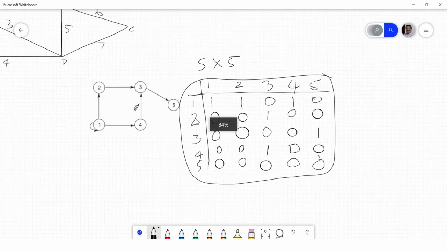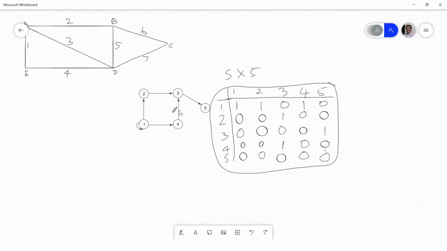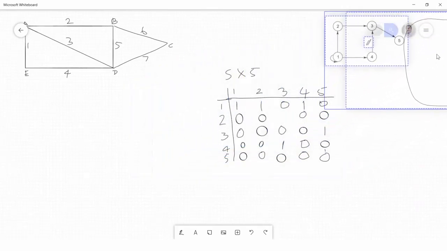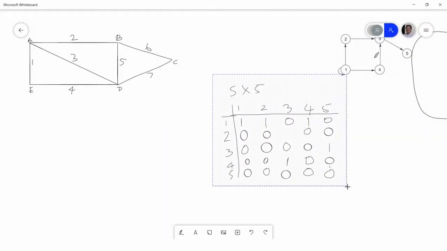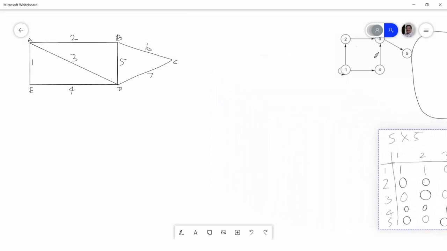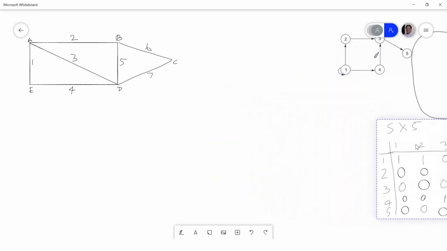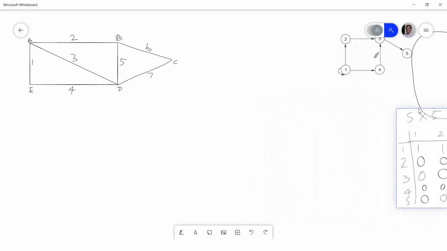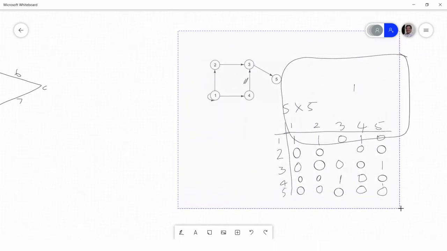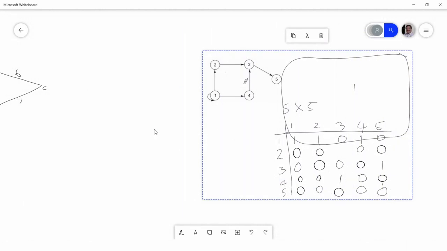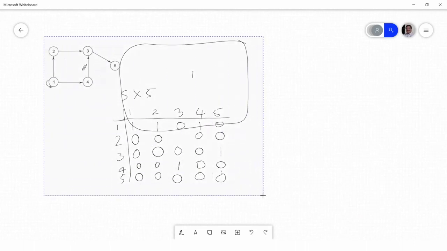This is the adjacency matrix that we have already discussed, so we'll move it a little to that side, so that we have space to work on our path matrix.